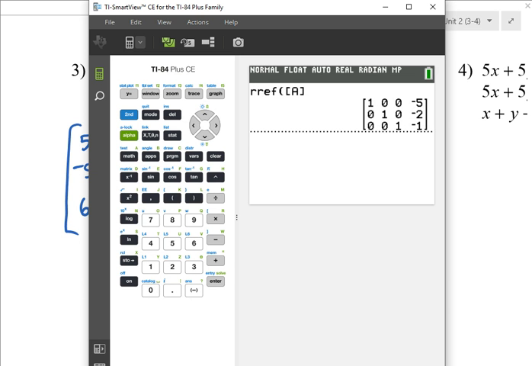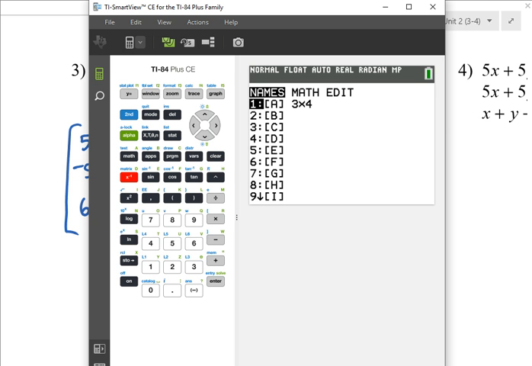So on your calculator, let's go to matrix. Matrix is second x to the negative 1, so it's right below the math button. And we want to edit.